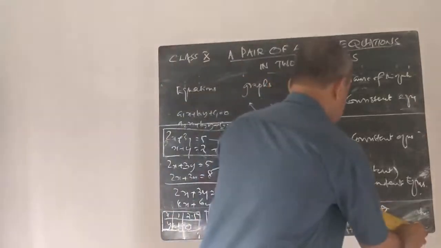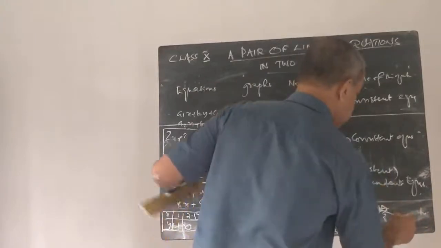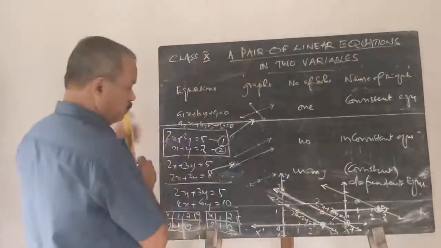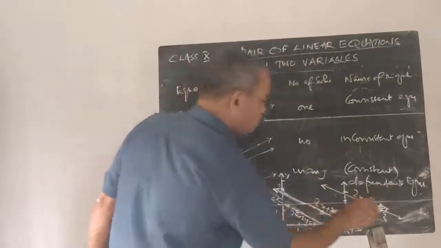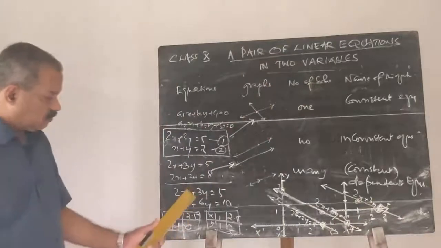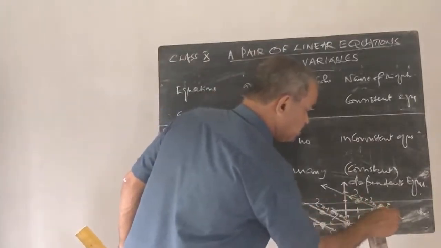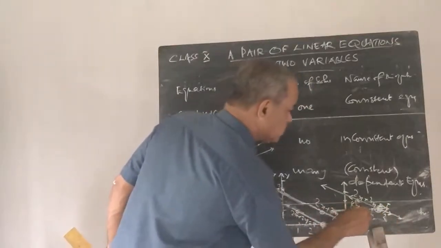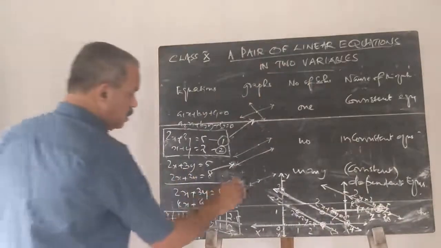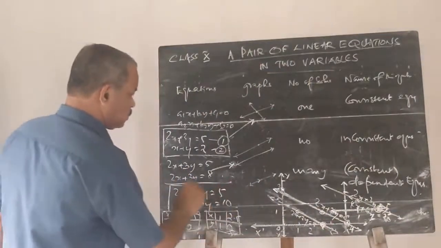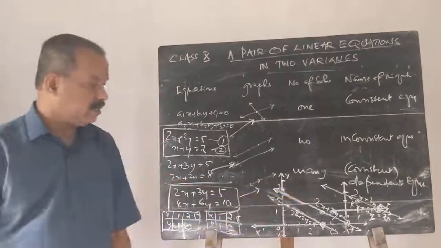Then if we draw the graph, this is the graph of the first equation 2x plus 3y equal to 5. What is the graph of the second equation? The same line, coinciding: 4x plus 6y equal to 10. So this equation satisfies the third condition, that is, their graphs are coinciding lines.